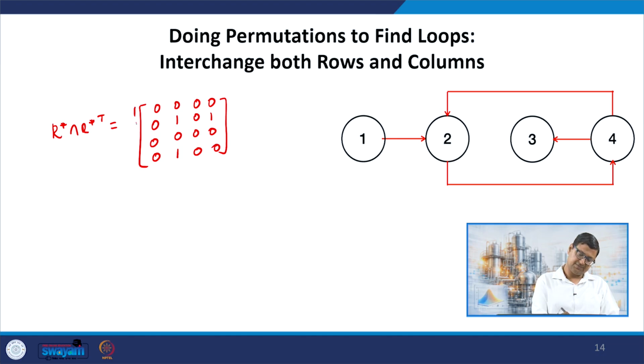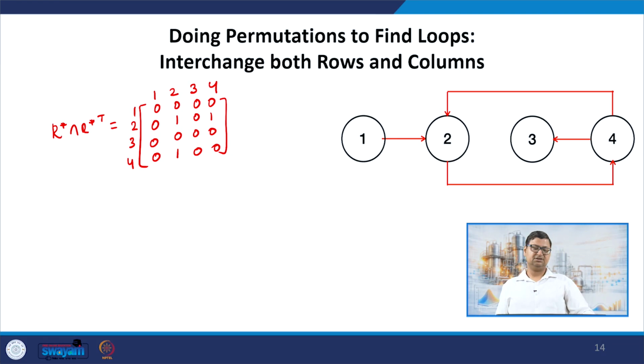Let me label this. So what if we interchange 3 with 4? Of course, I have seen the graph, so we can guess it. But now you can look at this matrix and see what will make the ones come together.